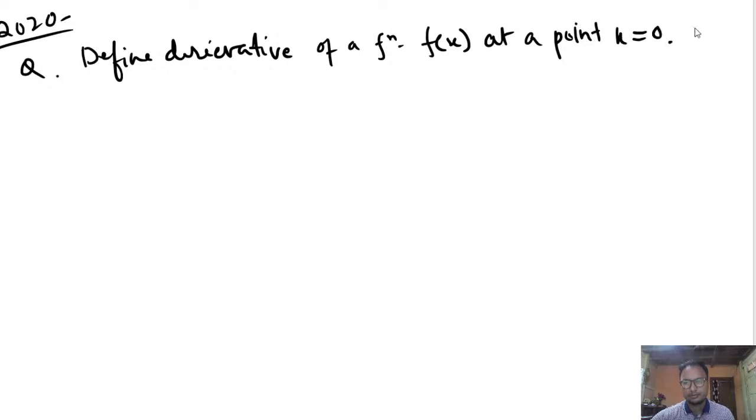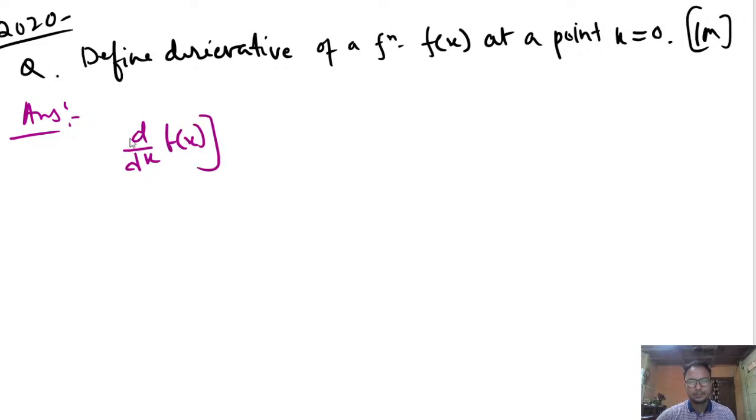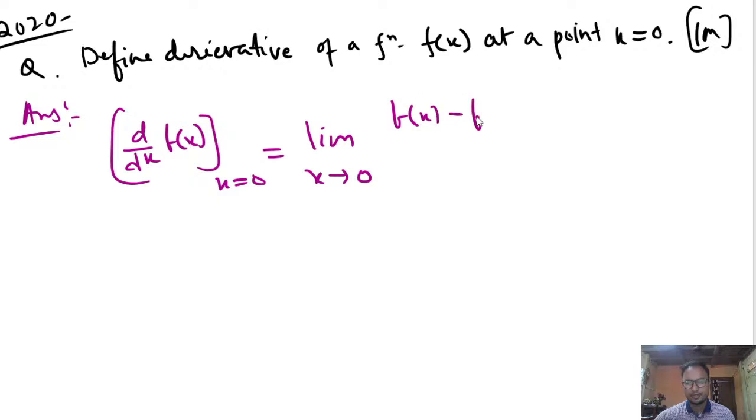What is the answer? The derivative of a function at x equal to 0 is nothing but the limit as x tends to 0 of f(x) minus f of 0, divided by x minus 0. So this is your answer for the 1 mark question.